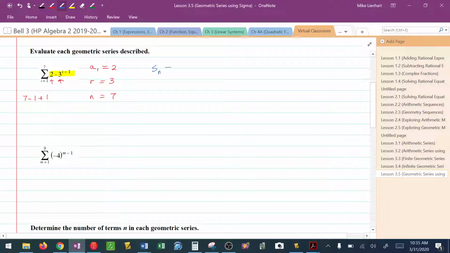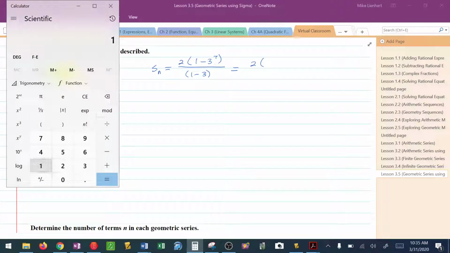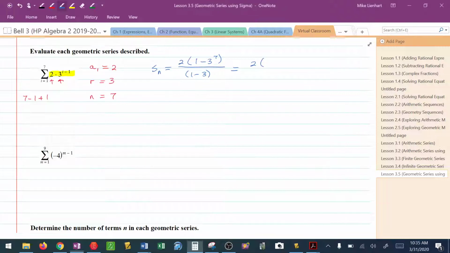So I'm going to use the finite series formula, which says S sub n is equal to a sub 1 times 1 minus r to the n over 1 minus r. This will simplify to 2 times, let me grab my calculator here, 1 minus 3 to the 7th, which is negative 2186.